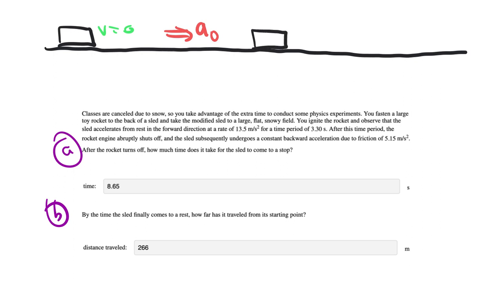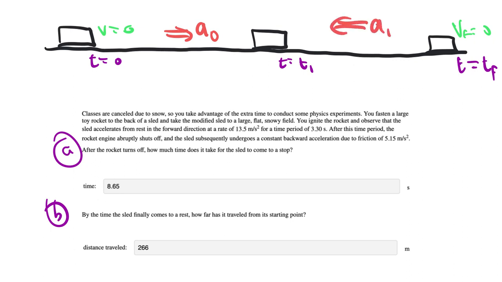So my times are going to be t equals 0 here, and then t equals t1 here. Then the rocket shuts off, and the thing comes to rest again. So back to rest at a time which is tf, because there was an acceleration this way of magnitude a1.